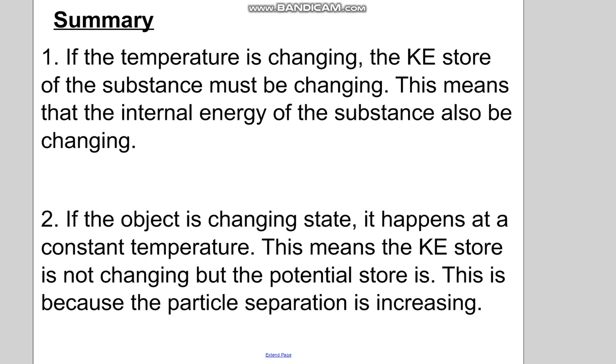However, the internal energy store does increase, because that energy from heating is going into increasing the average separation of the particles, leading to an increase in the potential energy store of the substance, and then the internal energy store goes up.